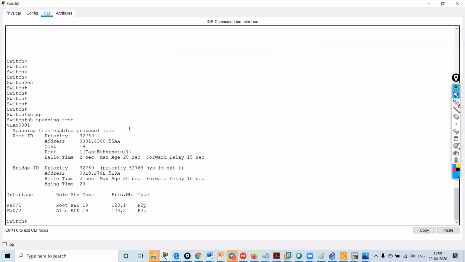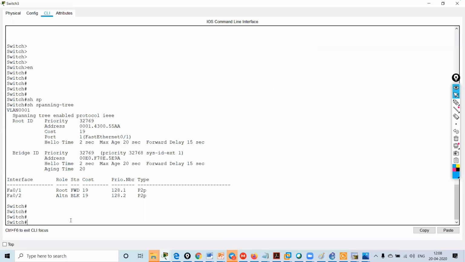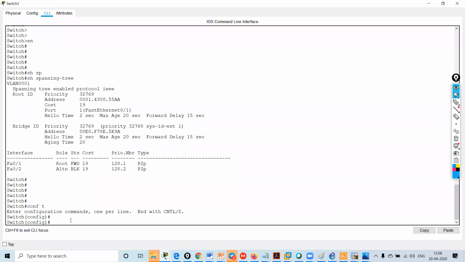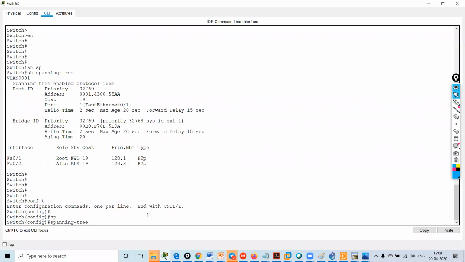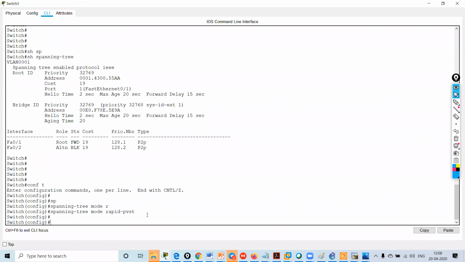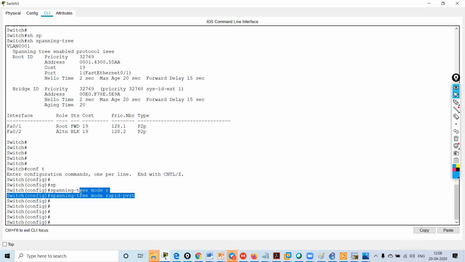Now what I will do, I will give one command over here: spanning-tree mode rapid-pvst.